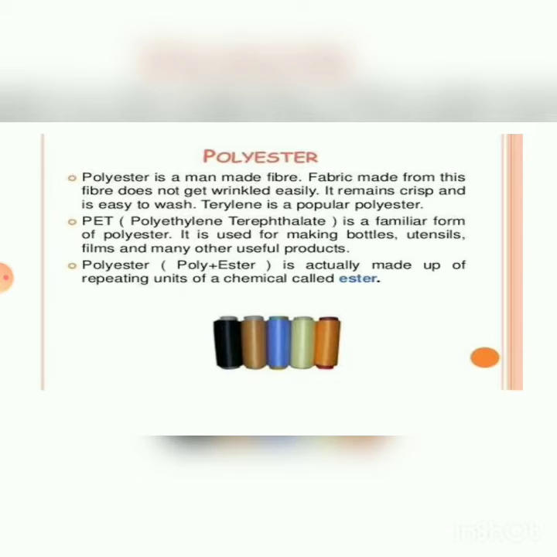If you remember, children, sports t-shirts are made up of polyester, and when we wash them and just keep them in a wardrobe without even ironing them, they remain wrinkle free. It is because that sports t-shirt is made up of a synthetic fiber called polyester.